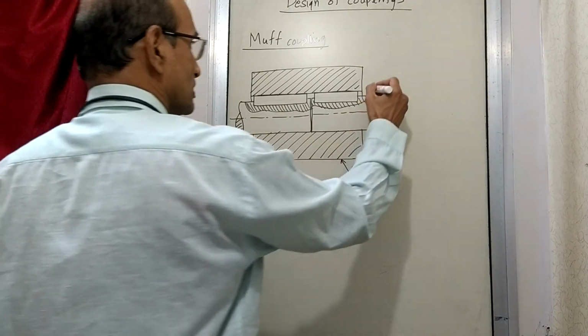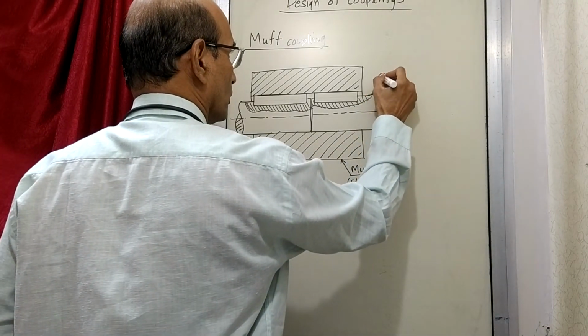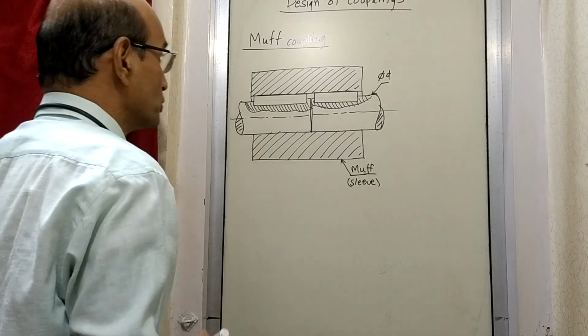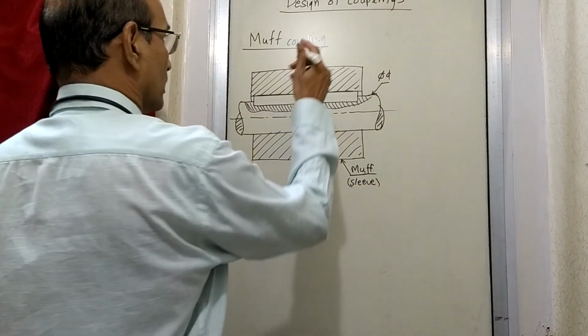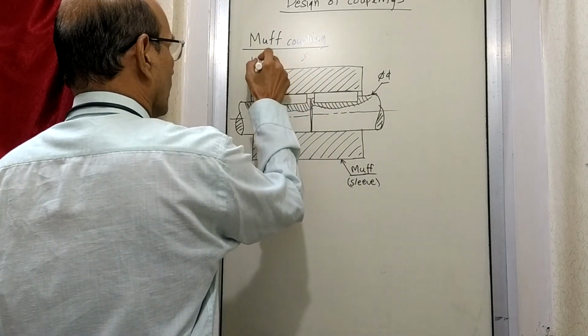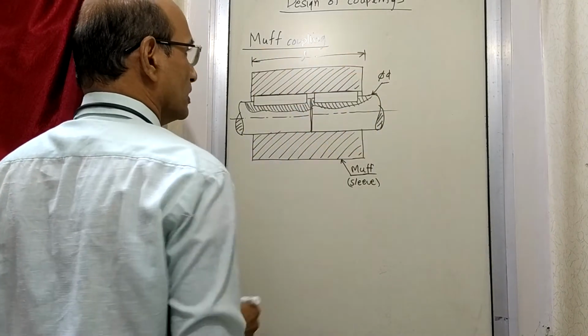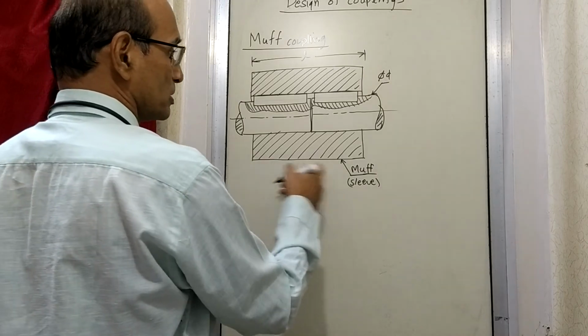Now there are certain sizes which we have to take into account. The diameter of the shaft is small d. Then we put some length here, L. L is the length of the hub or the sleeve.